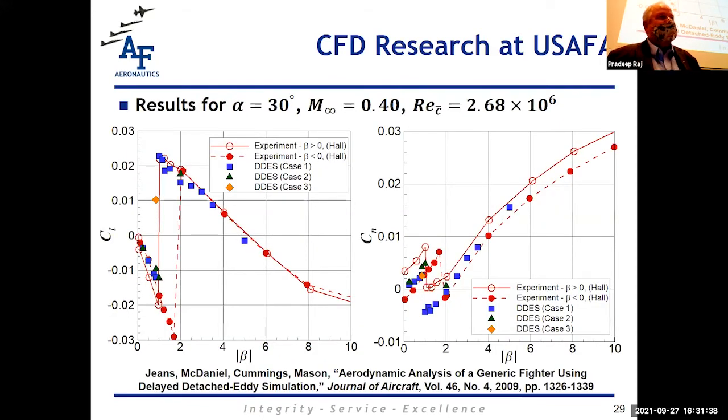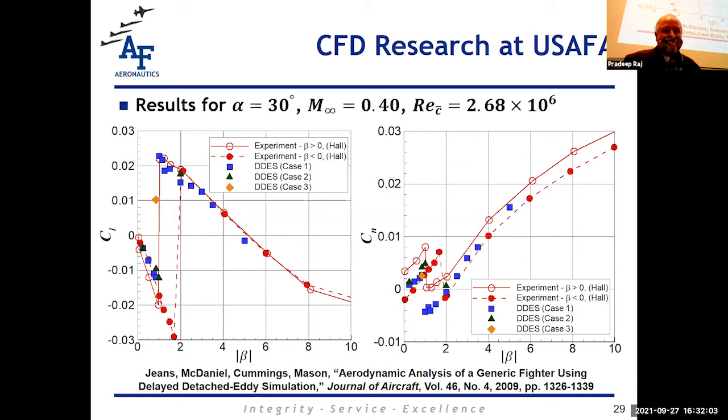Got roll moment on the left, yaw moment on the right versus side slip beta. It's absolute value because they took positive and negative side slip data. And hopefully the first thing you notice is the incredible nonlinearity that happens between 1 and 2 degrees of beta.